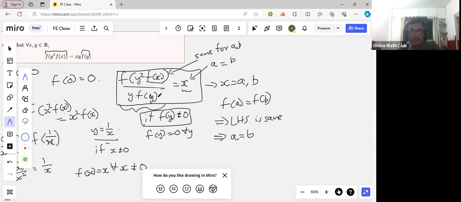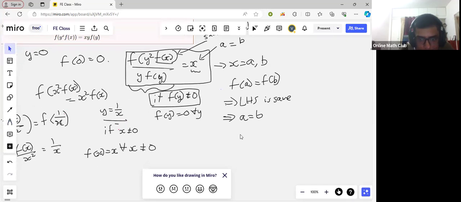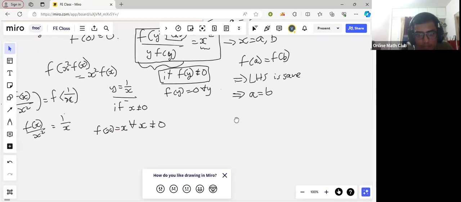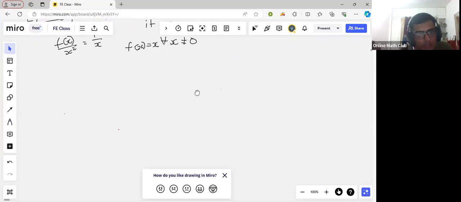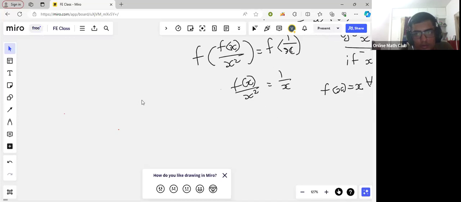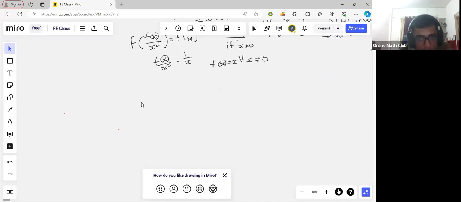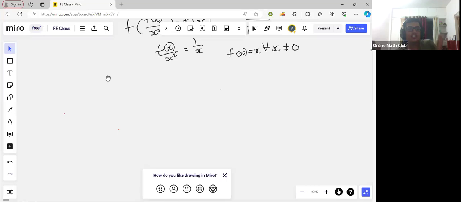How we got injectivity here? So this is about how we can use injectivity.